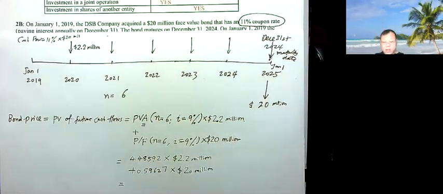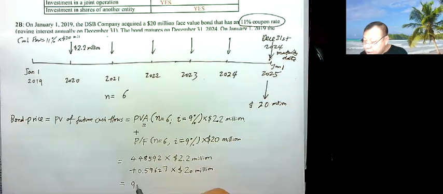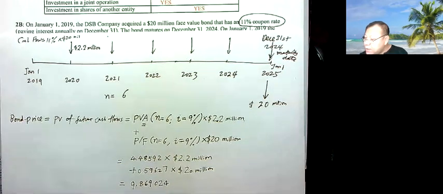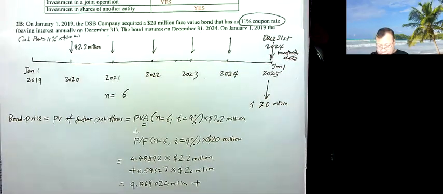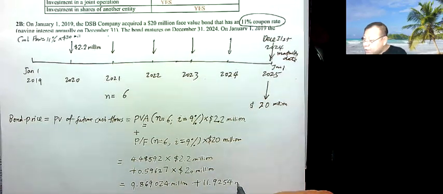So I just need to crunch these numbers into my calculator. 4.48592 times 2.2, so this one is 9.86924 million, plus 0.59627 times 20, 11.9254 million.